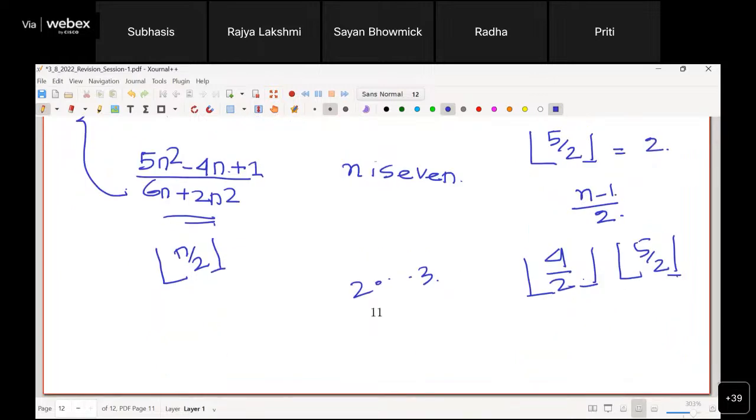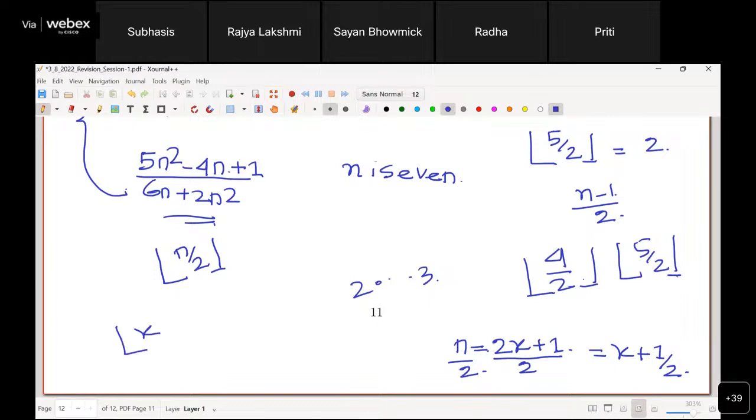So this expression will be (2x plus 1) divided by 2, floor of n by 2, which is x plus 1 by 2. Yes, x plus 1 by 2. So from there, we can get that x is n minus 1 by 2.